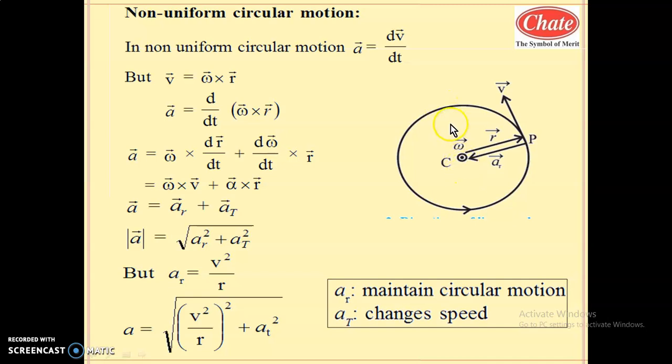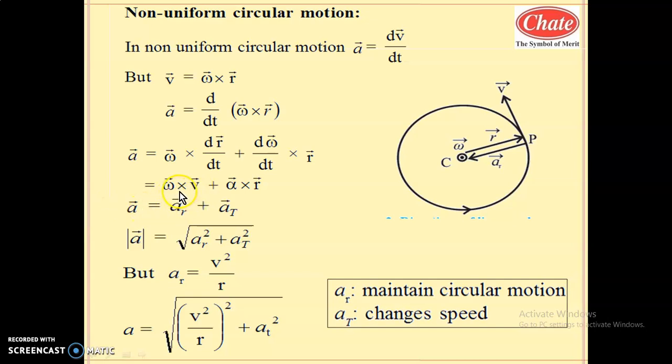So to find the direction of radial acceleration, arrange your curved fingers from omega to v, in this upward direction, like north. See the direction of the stretched thumb. It is along the radius toward the center.